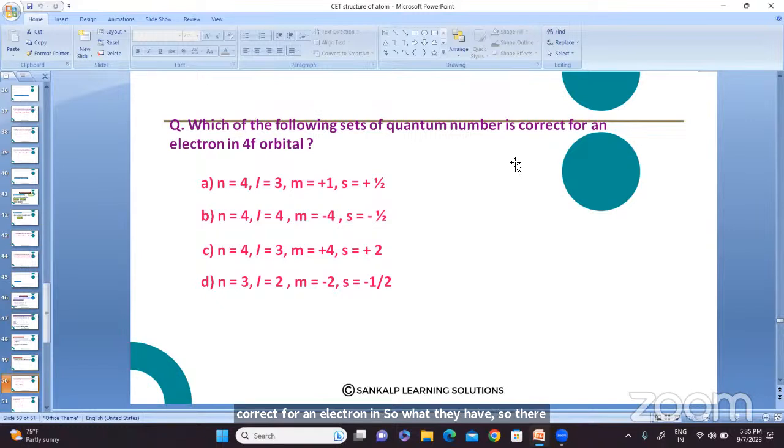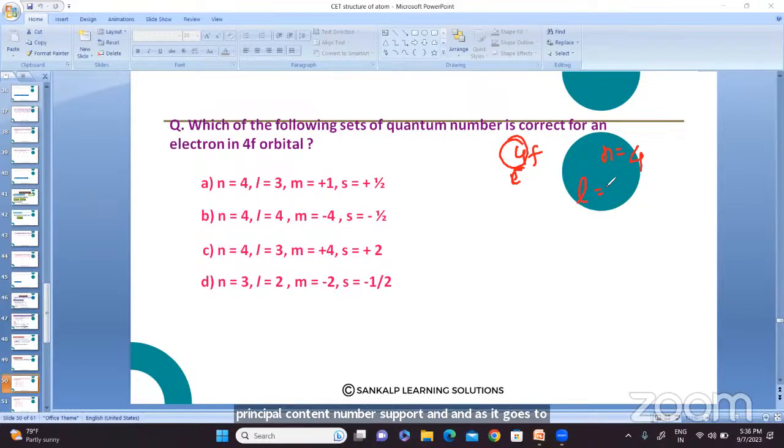So how do you calculate it? When you have a 4f orbital, you have to calculate for one electron in that orbital. The principal quantum number n is 4. What will be l?